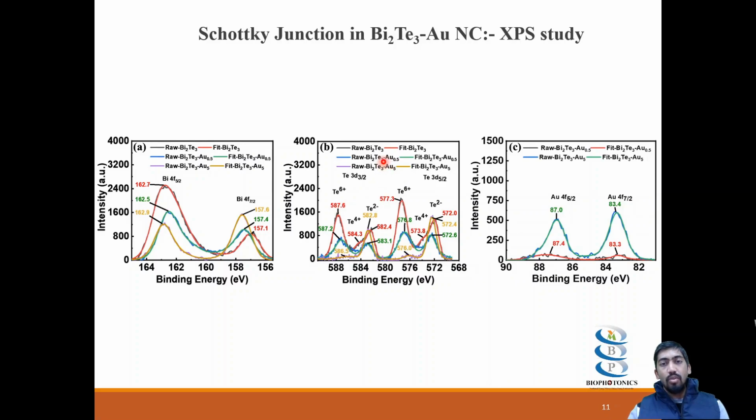When we use a low amount and a high amount of gold, these oxidized peaks of tellurium are really suppressed, which indicates that the gold is taking the place of the tellurium in this base material. So this change in the bismuth and the tellurium indicates that there is a formation of bismuth-gold bonding and tellurium-gold bonding in the bismuth telluride gold nanocomposites.